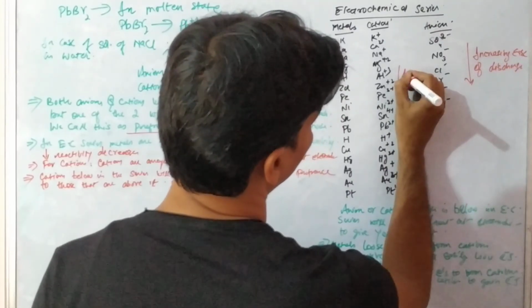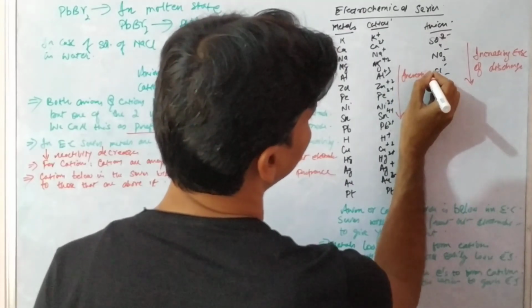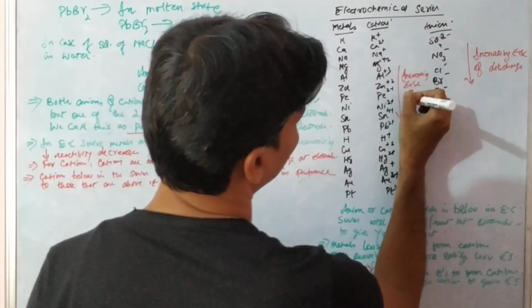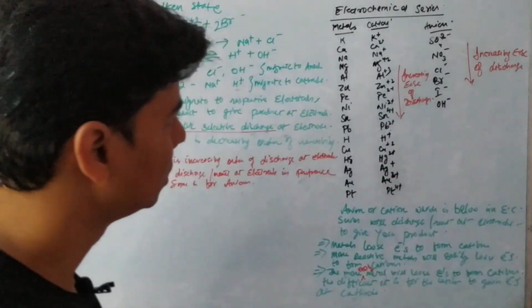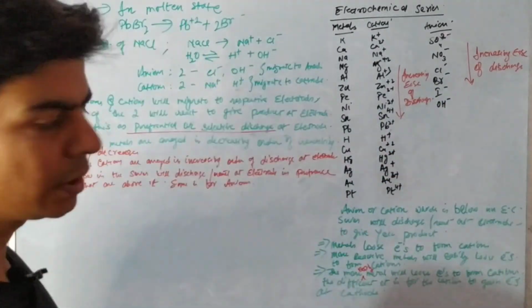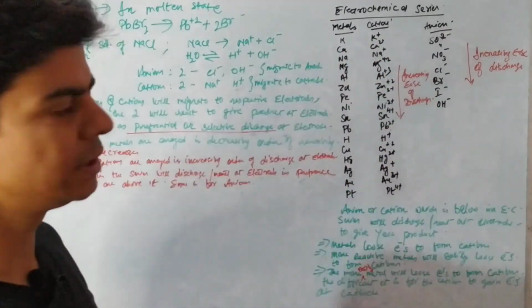Here also we say it is increasing ease of discharge, right? So whenever you have more than one cation or anion, just look at the series.